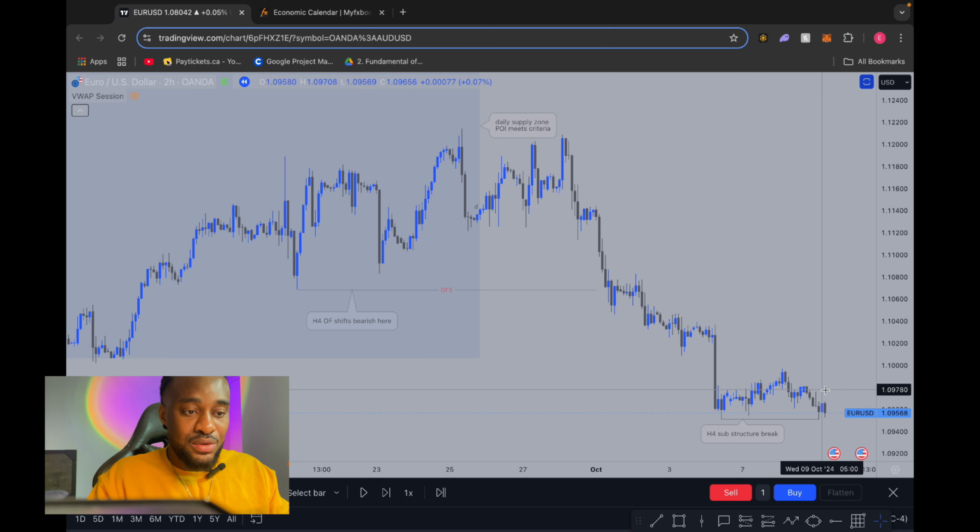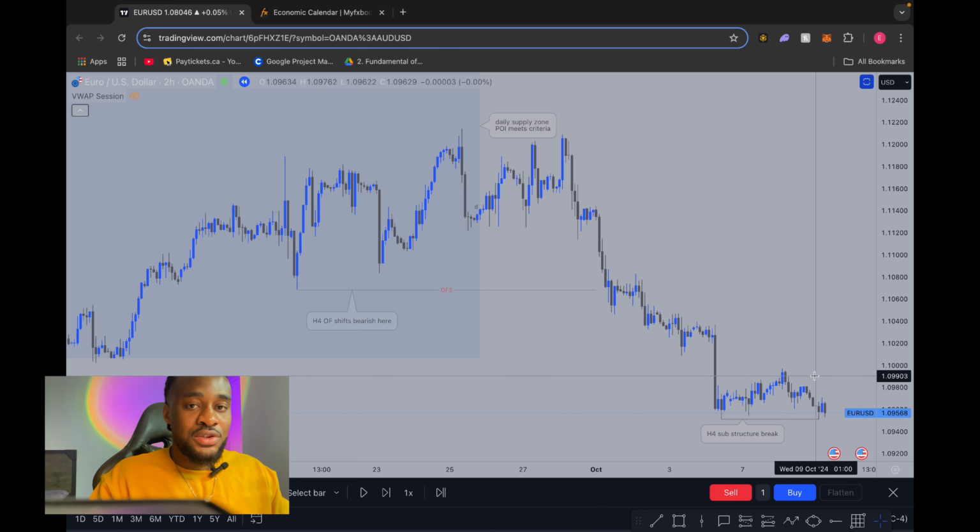Now we can begin to look for an M15 pro-trend move around here to give us an entry to sell. Mind you, I'm not a swing trader, so I don't really care about the H4 target. All I want is the M15, on the 15-minute time frame. I just want an intraday trade, which means in and out. In one session I'm in, in one session I'm out. I'm not holding beyond one session.